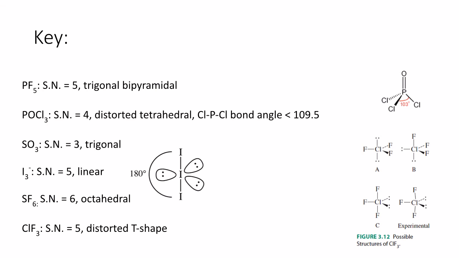triiodide. This is the case where 2 iodines are linked to a third iodine in the middle. If you calculate the steric number for the iodine in the middle, you end up with 5. Why 5? Because iodine has 7 valence shell electrons, and you subtract the 2 chemical bonds it forms with each iodine, because each iodine only requires 1 bond to fulfill its octet rule.